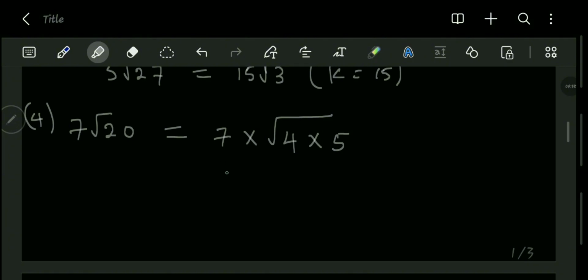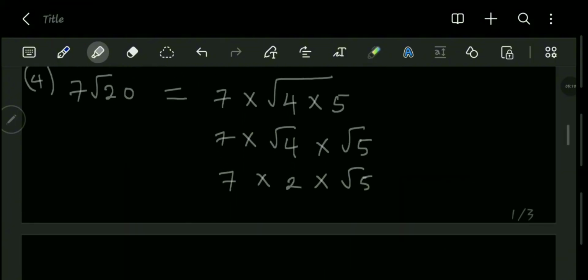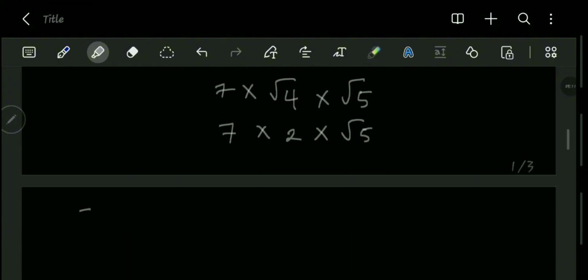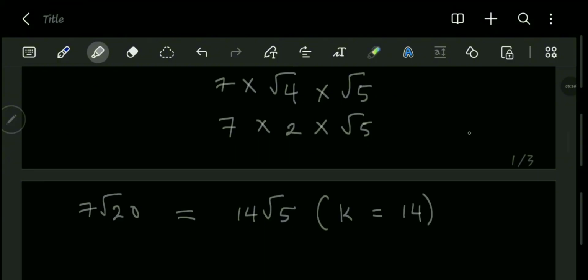So if I continue working for that, this is going to be 7 times surd 4 multiplied by surd 5. So I'm having 7 multiplied by 2 multiplied by surd 5. And if I combine it together, I'm having that 7 surd 20 can be written as 14 surd 5, right? In this case, k here is just going to be 14. Alright?